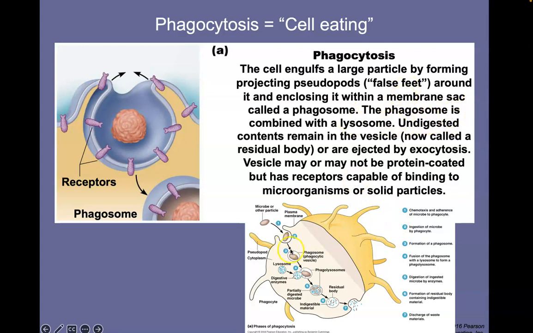And that phagosome, if it has some type of pathogen, can possibly be digested when it fuses with a lysosome, and ejected out of the cell. Or if it's a molecule that the cell needs, it can break down that molecule when it fuses with the lysosome and then release it inside the cell.